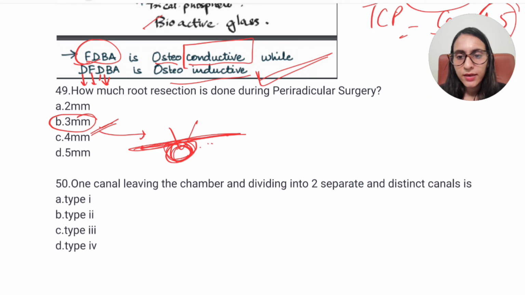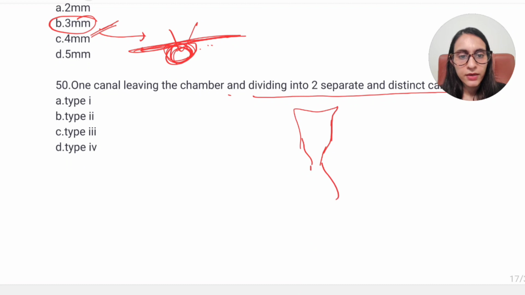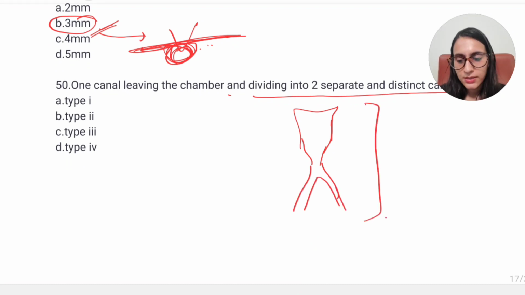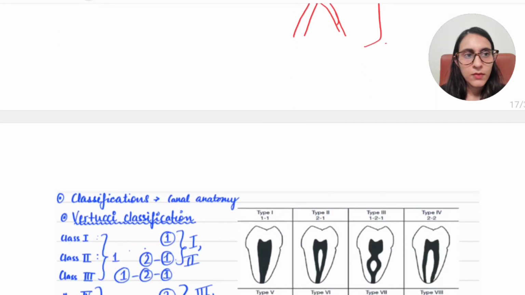So the next question is, one canal leaving the chamber and dividing into two separate and distinct canals. So from the chamber it is one canal and it is dividing into two. This is the classification that we need to identify.